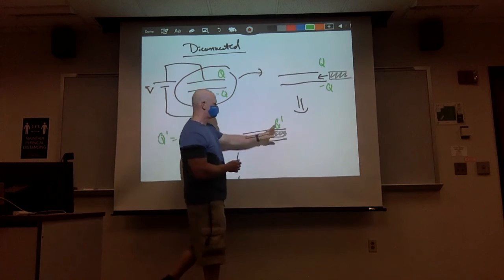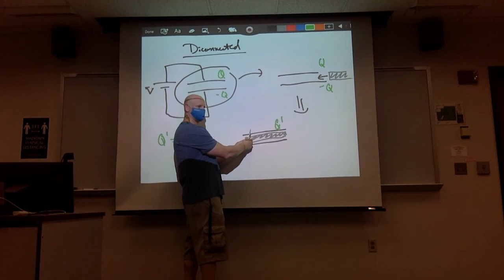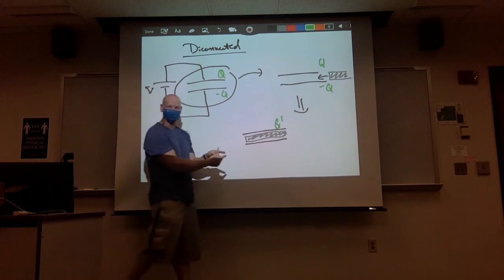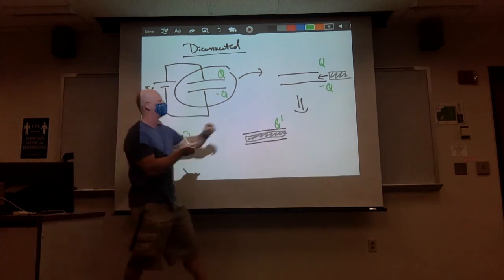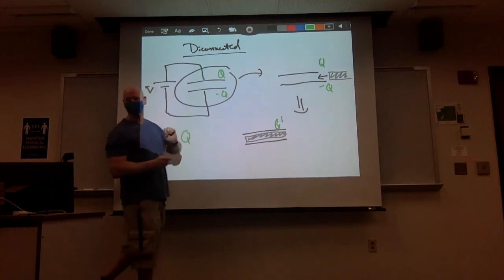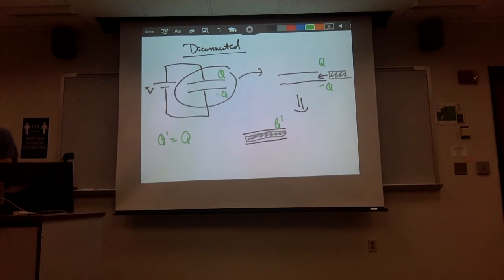Now, when I put this inside of here, I now get what? A polarization on the inside, which means that my electric field is going to decrease. What happens then to the potential difference between the plates going from here to here? So here again, I have a potential difference V. What happens to the potential difference here? Did this guy increase, decrease, or stay the same?